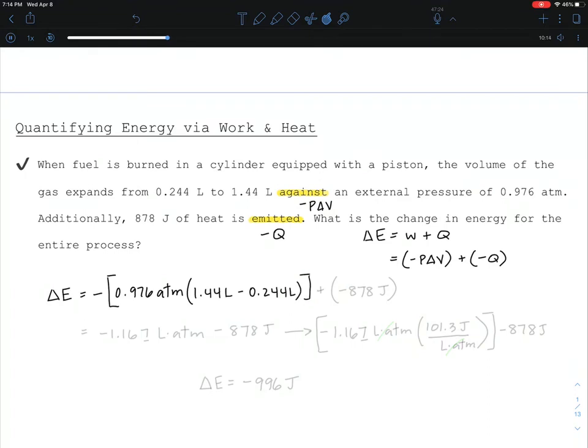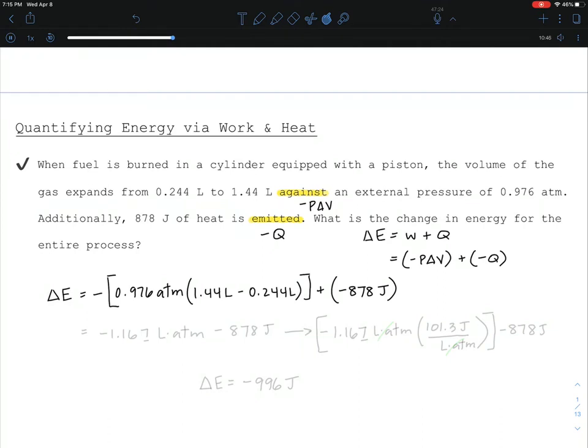And then I'm going to add to this my heat component. And I see that this is exothermic. They tell me that 878 joules of energy is emitted. That means negative 878. We report these as positive values, right? We read the question, we see this energy is released, so it's given off. We're doing this from the perspective of the system.